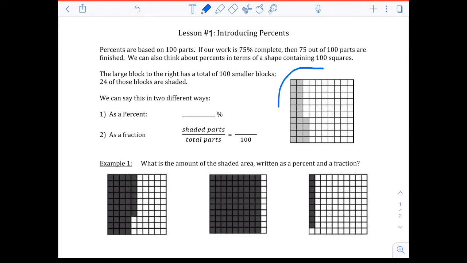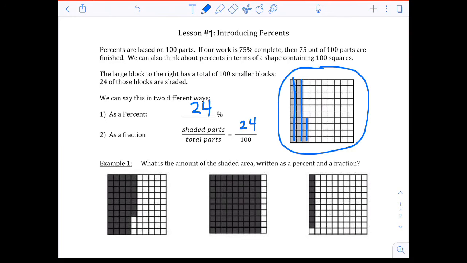So this block over here on the right has 100 squares in it. 24 of these blocks are shaded in, so if you see, we have 10, 20, and 4. So we could say that 24% of that block has been shaded in, or another way of saying that would be 24 out of 100 of that shape has been shaded in.